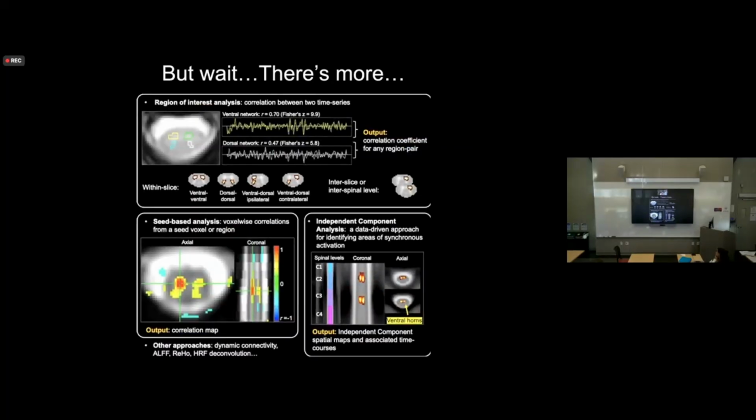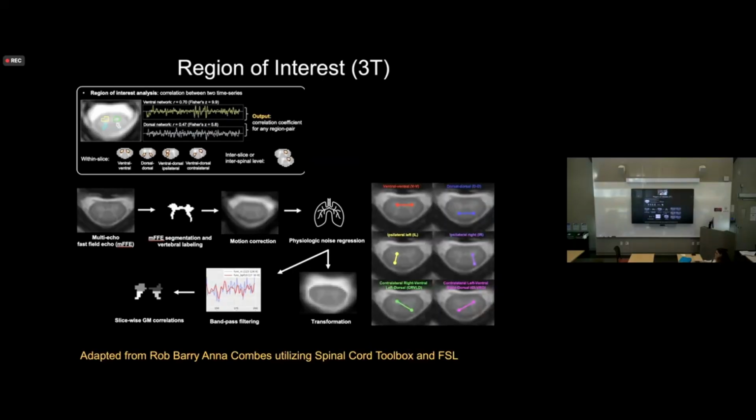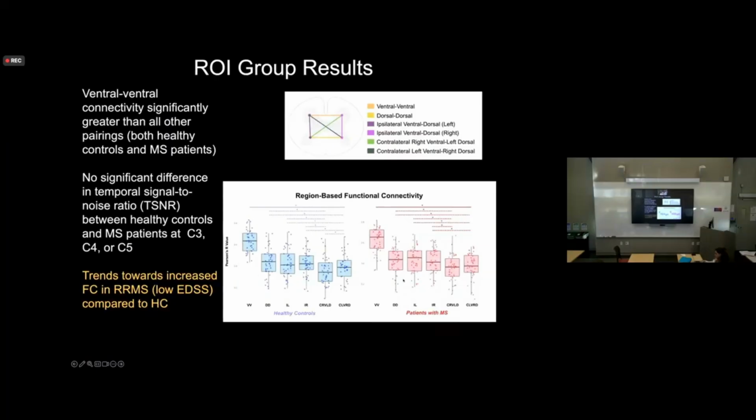And again, owing to having better templates and more robust imaging methods and analysis tools, we can start to look at both region of interest, seed-based, and also ICA-based fMRI. I'm not going to belabor this, but we go through a series of processing steps to be able to get access to the functional connectivity within the spinal cord, looking at regions of interest, for example, whether this is ventral-ventral pairing or dorsal-dorsal pairing, ipsilateral or contralateral, and how those ultimately are different between patients and healthy controls.